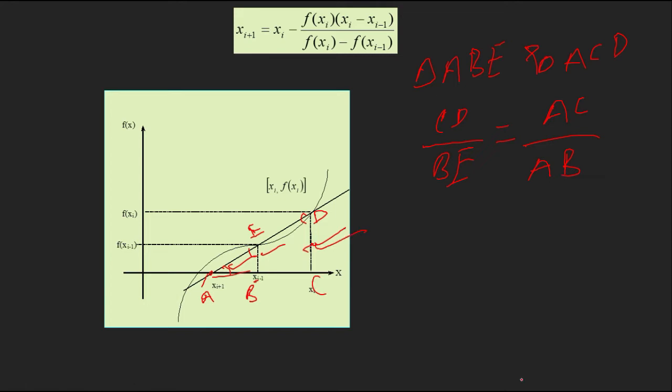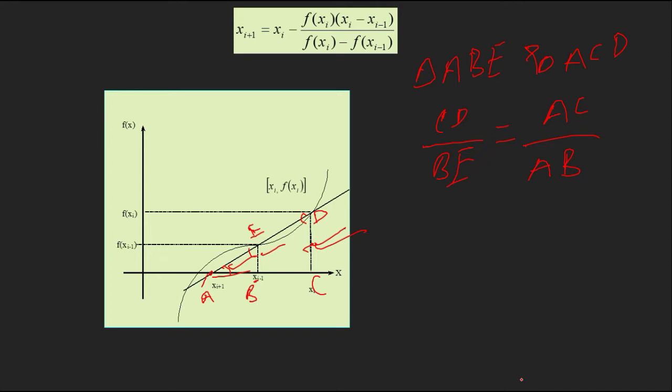So from the theorem, if we have two similar triangles, then the height of one triangle divided by the height of the other triangle, and the base of one triangle divided by the base of the other triangle, are equivalent.